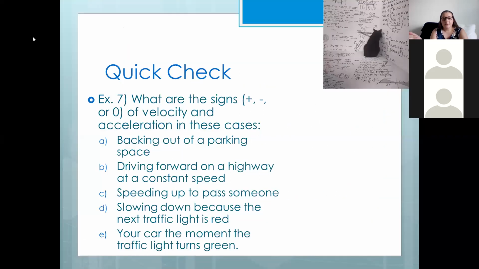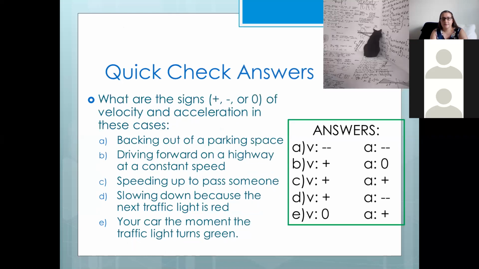All right, so let's go through some of these answers and see how you guys did. Okay, so this first case, backing out of a parking space. Since we're backing up, our velocity is negative. Again, we usually assume that forward is positive and backwards is negative. So velocity is negative in that case.